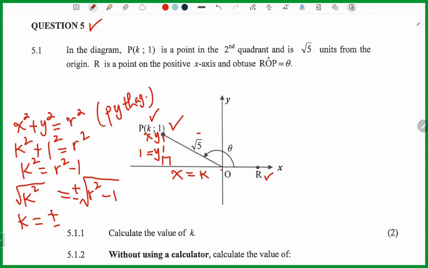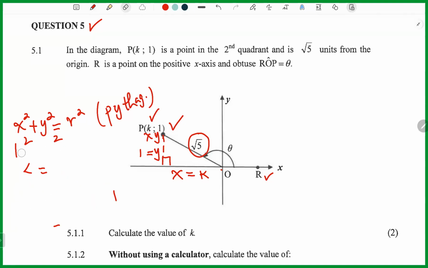Therefore, we have the r, so we can plug it in. We can do substitution and substitute both: the x, which is k squared, then the y is 1, and then the r is the square root of 5.